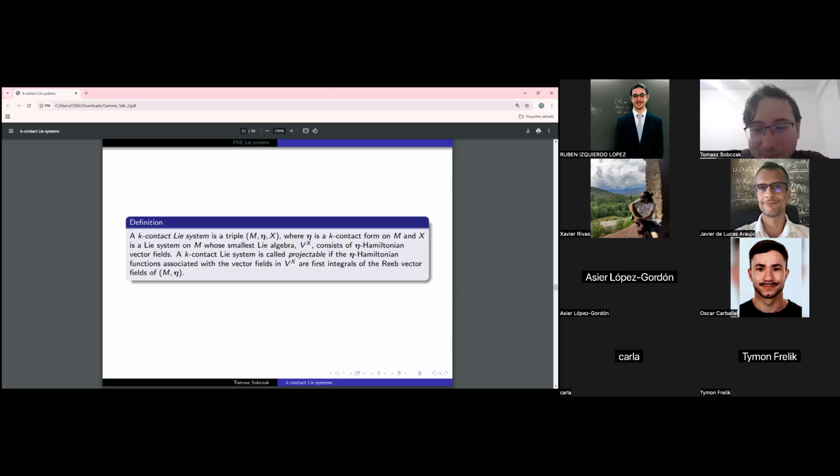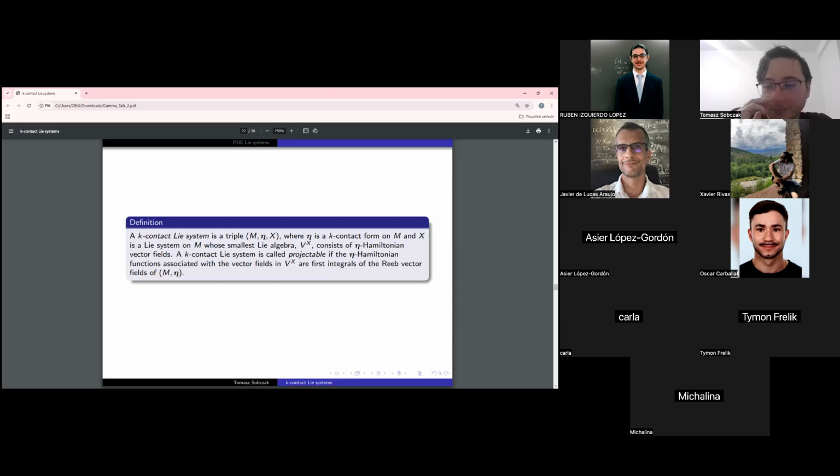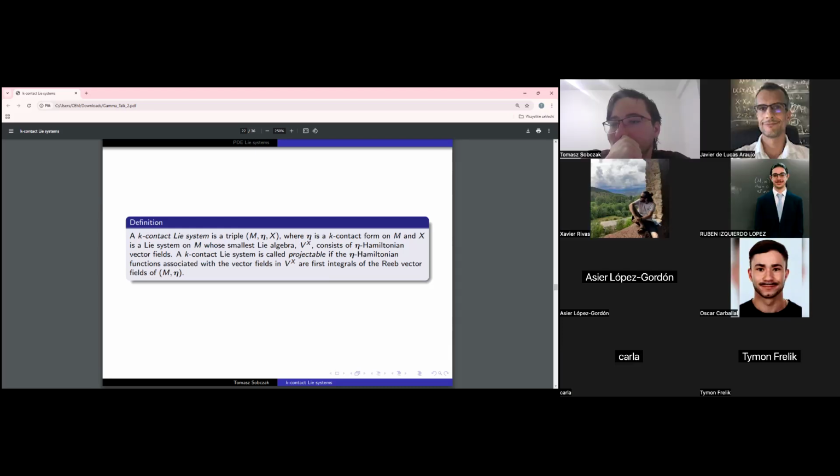Yes, a few comments and we can finish because it is a little bit late. When you have a K-contact structure, and the K-contact structure is coorientable, you can extend it to a K-symplectic one in a manifold of larger dimension in many cases. In those cases, the initial system can be mapped into a K-symplectic system when these conditions are satisfied. Sometimes the properties of the initial system can be reflected in this one, but the relation is not a good one.